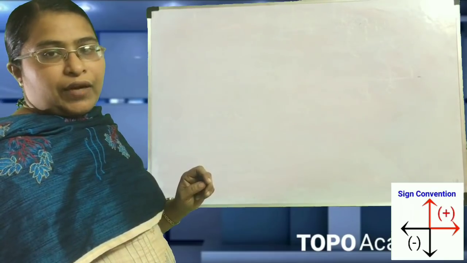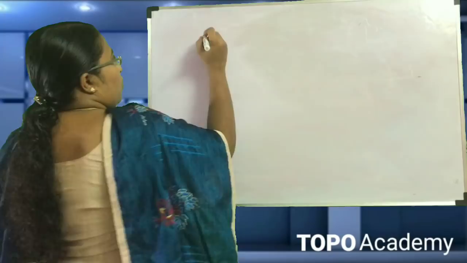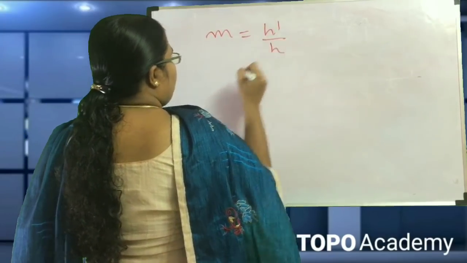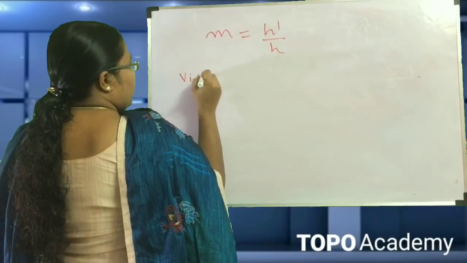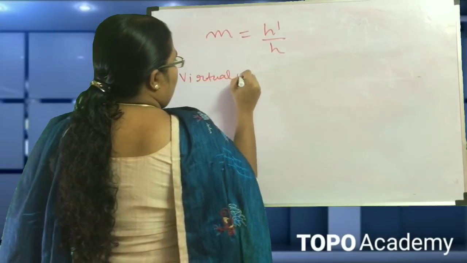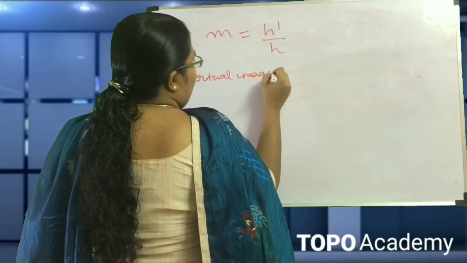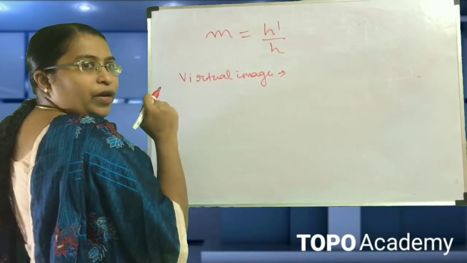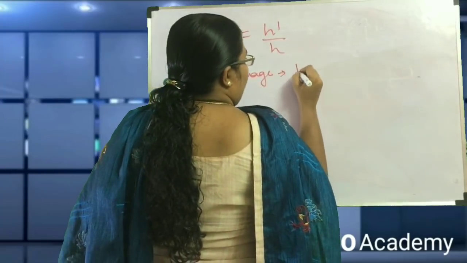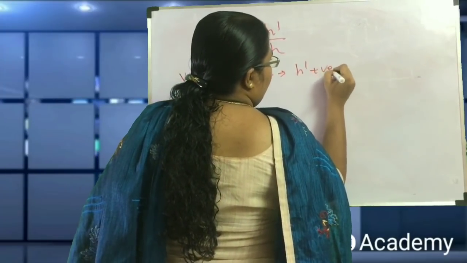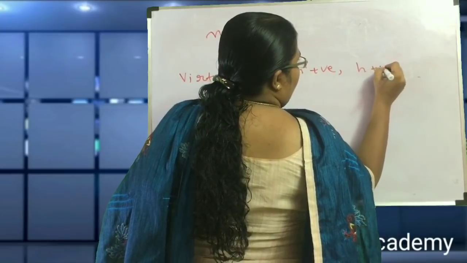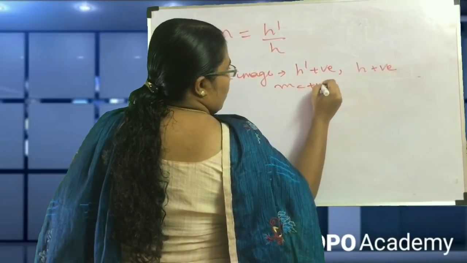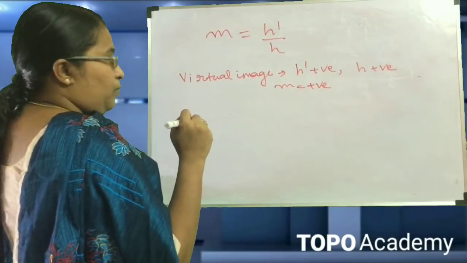Next we have to see the sign convention for magnification. We know that m is equal to h dash divided by h. For a virtual image, h dash is positive and h is also positive. So magnification is positive for a virtual image.